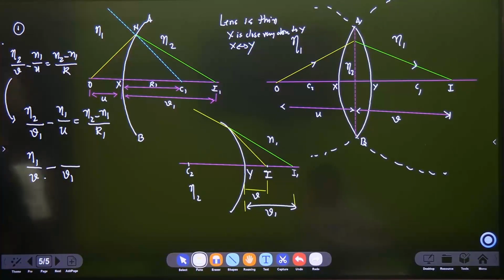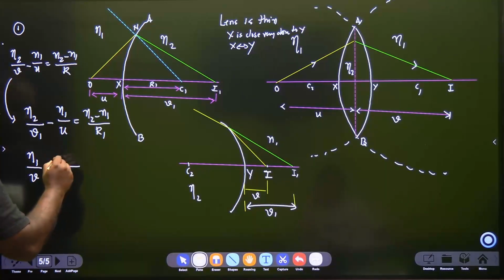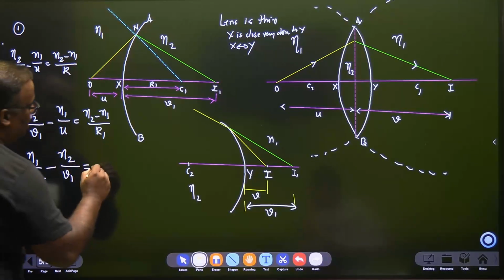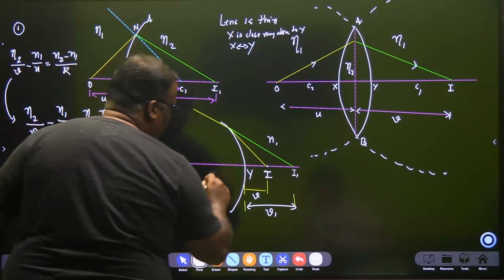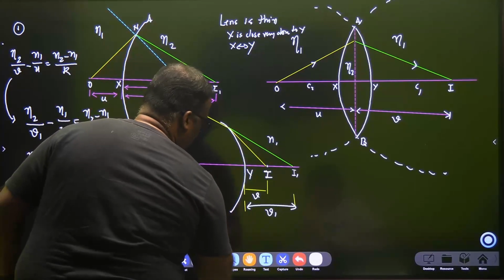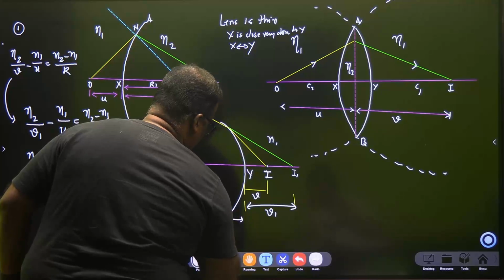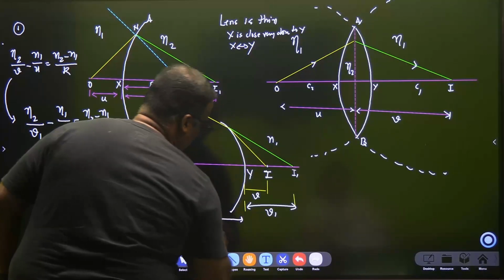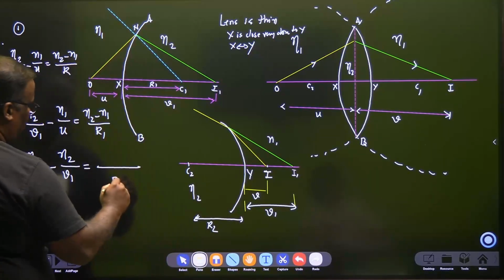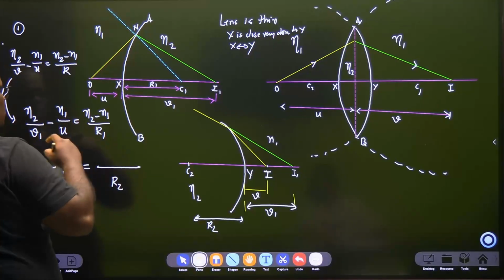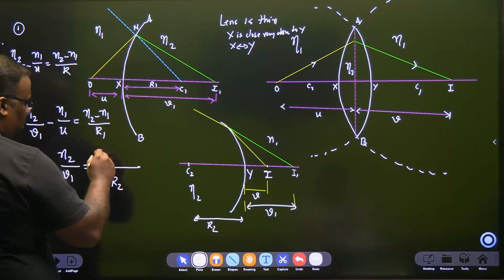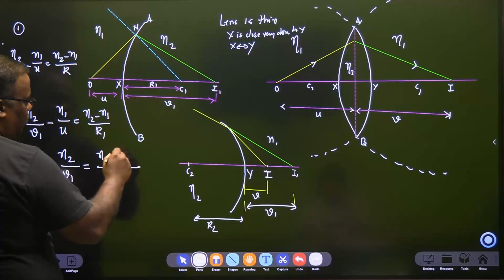And N1 is from where light came. Light came from N2, right? And on this side, now if this is R1, I would call this distance as R2. Are we fine? R2. Again, eta 2 means where light entered. Eta 1, where light came from.